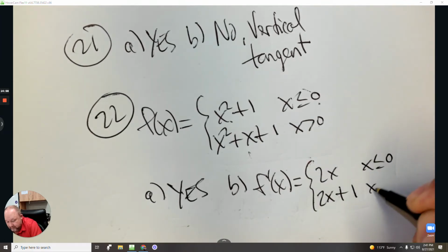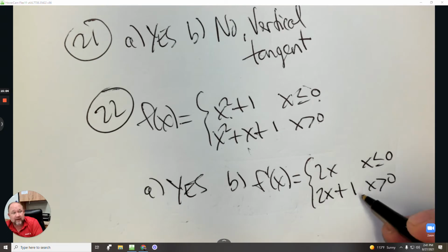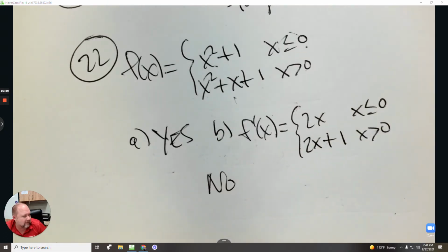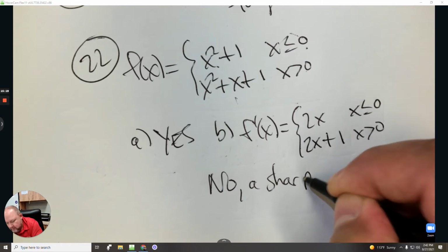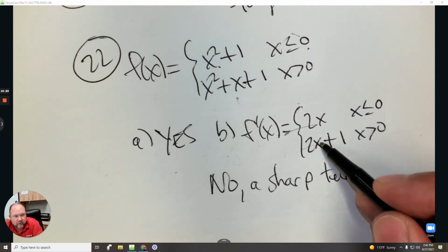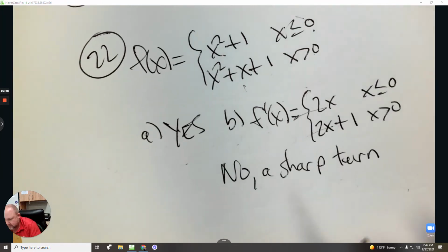And the key is if I plug in 0, do I get the same answer? The answer is no. So the top gives me 0, but the bottom gives me the answer 1. So the answer is no. It's continuous, but the derivative shows it's a sharp turn. So there's no jump in the graph because it's continuous, but the derivative shows there's a sharp turn when they meet.